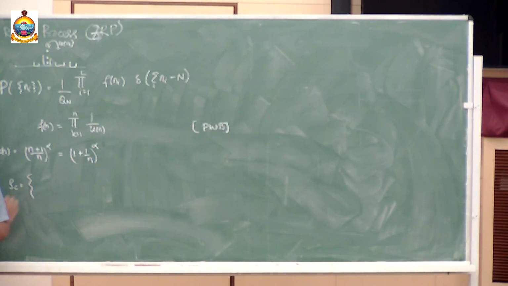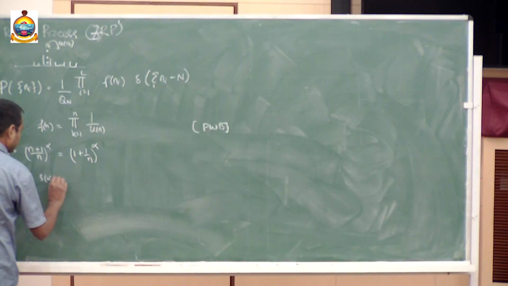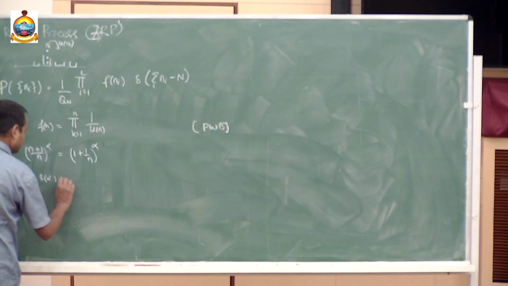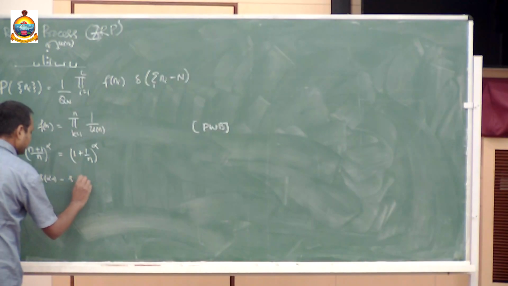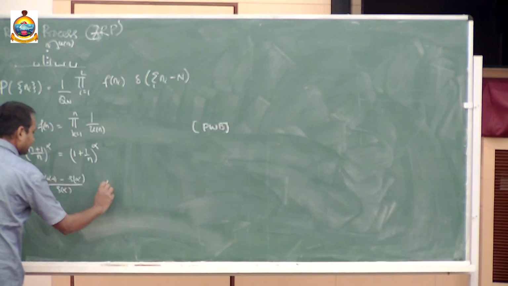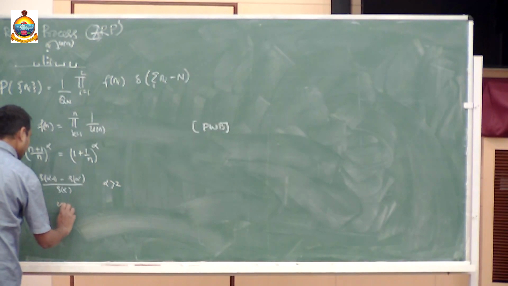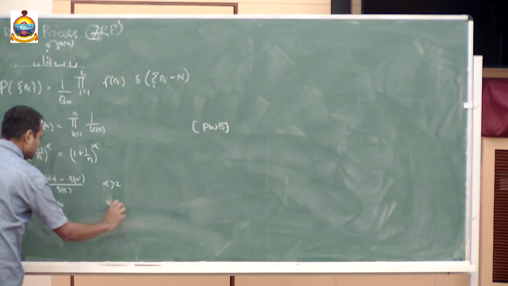The critical value is zeta alpha minus 1, minus zeta alpha, divided by zeta alpha. This holds if alpha is greater than 2, and the critical density is infinity if alpha is less than 2.